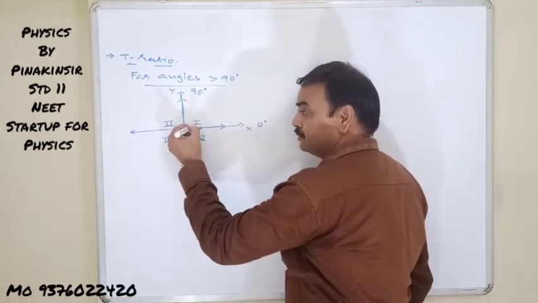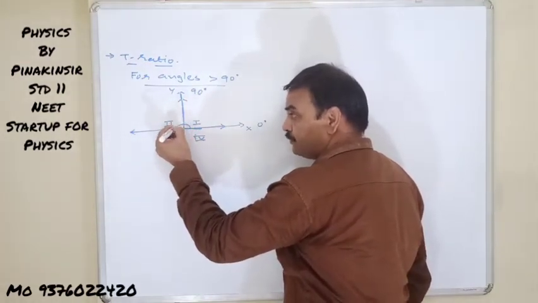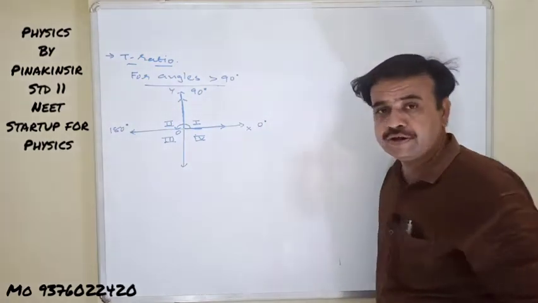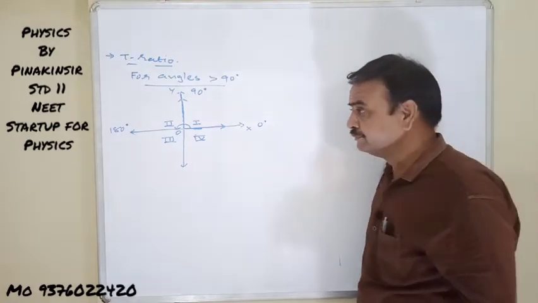And if the ray rotates through a half rotation, then that particular angle is said to be 180 degrees. That we have discussed in the last lesson.